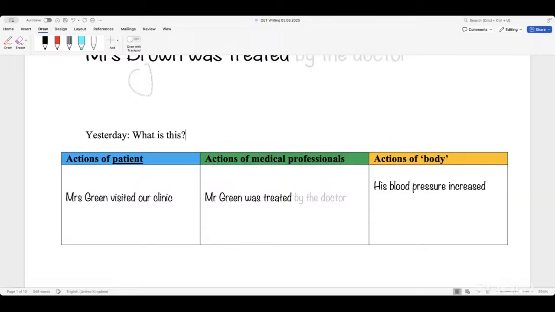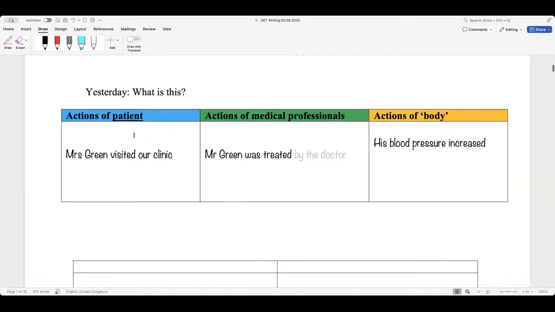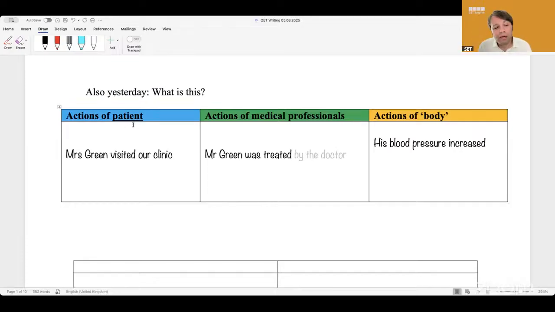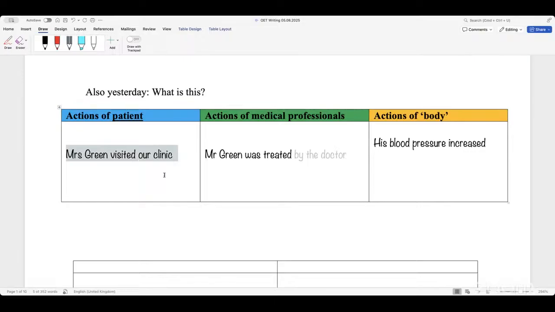First one, we should focus on action of patient. That's not quite right. Focus on the action of the patient. So are you saying that I should put this sentence into passive? No, it is active. Okay, tell me why. Because our letter also mentioned the patient.